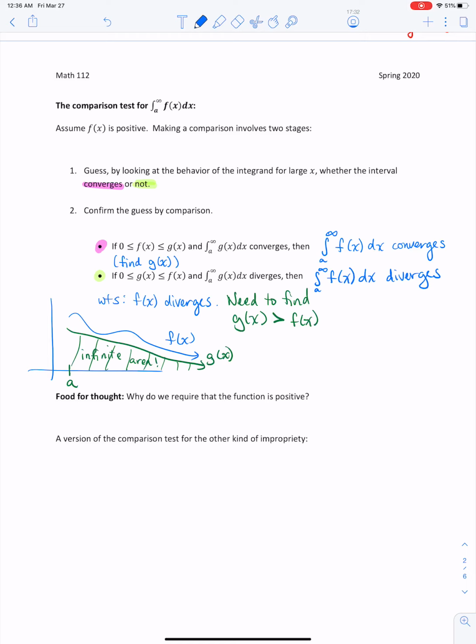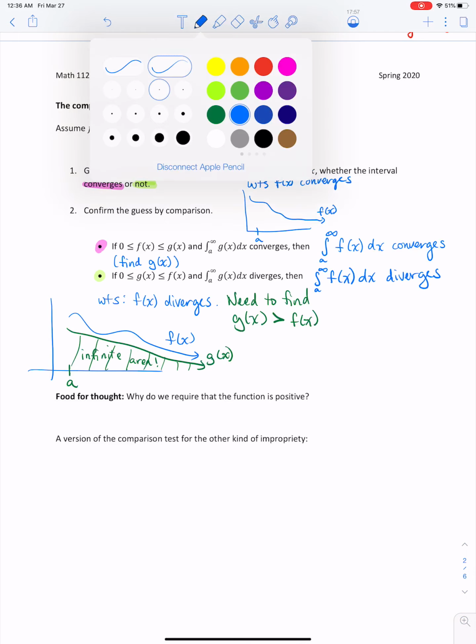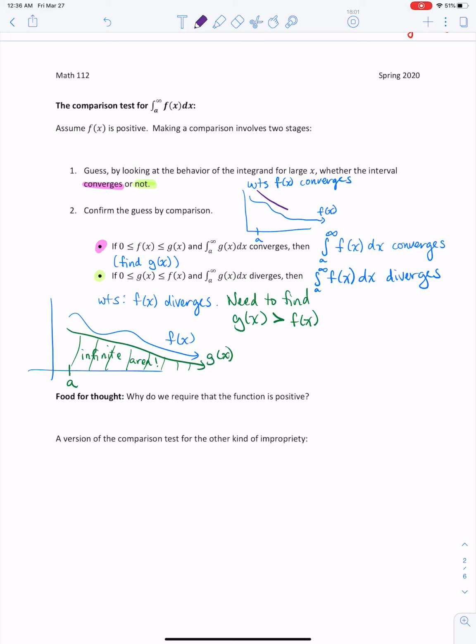So if you wish to show that f of x converges, you have your function here, f of x, and you want to show that the integral from a to infinity is finite, then you need to find a g of x so that there's finite area under g of x, and then if f of x is below that, there must be even less area under f of x.